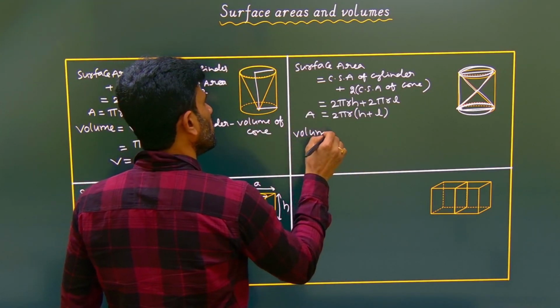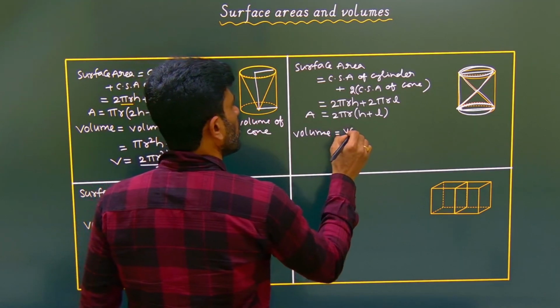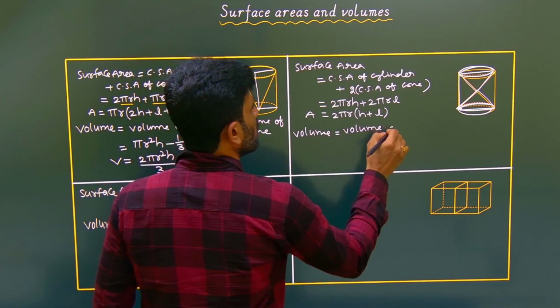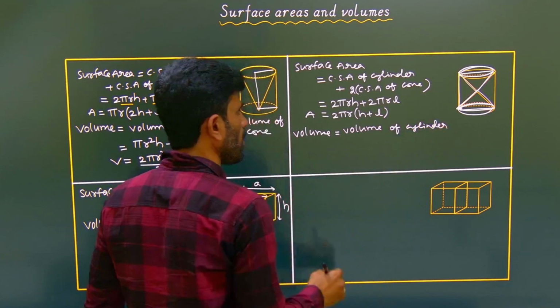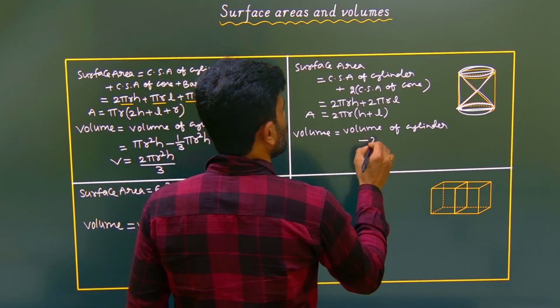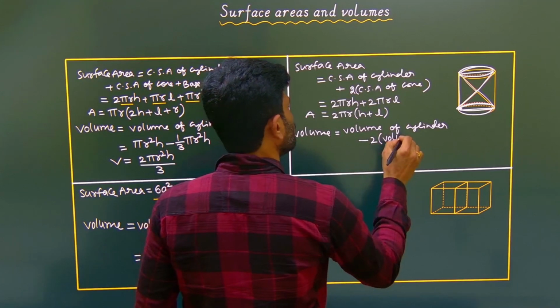Now what is volume? Volume is simple. Volume is equal to volume of cylinder minus 2 times volume of cone.